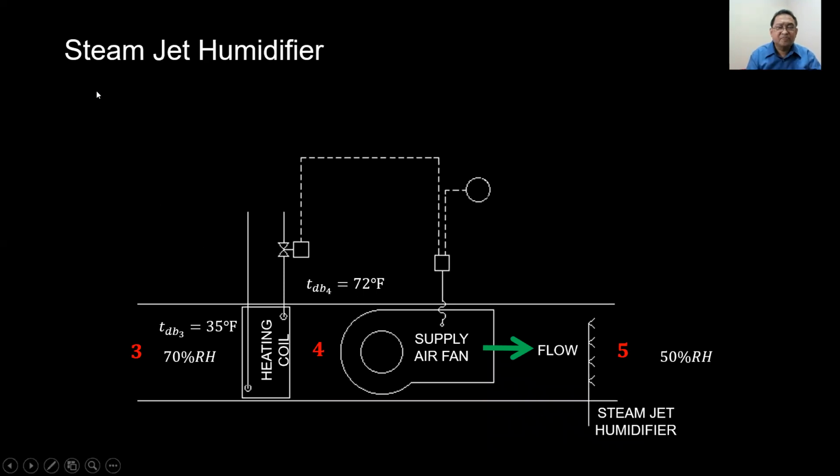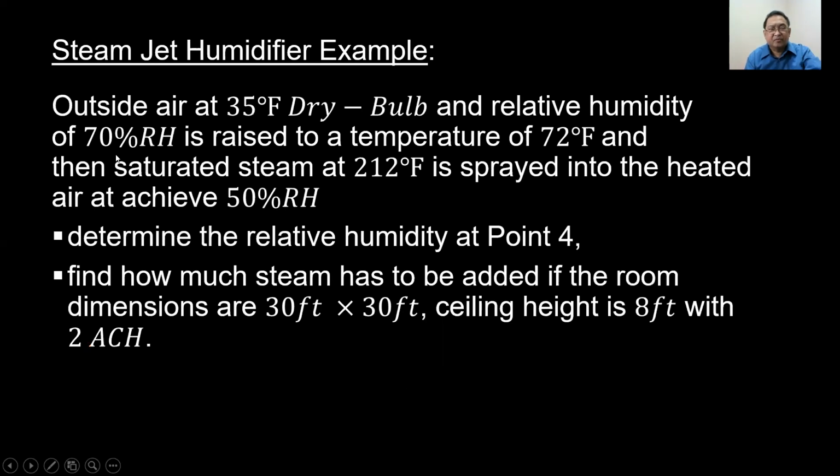So let's go to the steam jet humidifier, a very popular type of humidifier. So again, from the same setup, 35 Fahrenheit, 70% RH at 0.3, and will be heated to 0.4 to attain 72 Fahrenheit dry bulb. And we need to have at 0.5 here, 50% RH. What are we going to do?